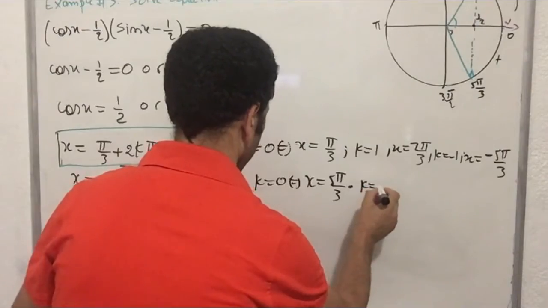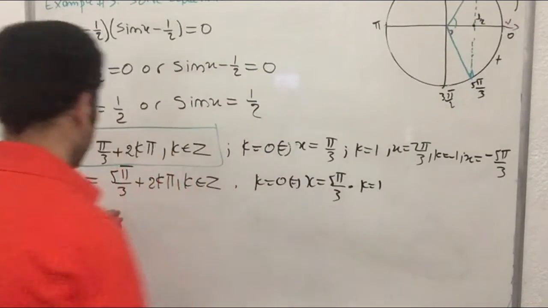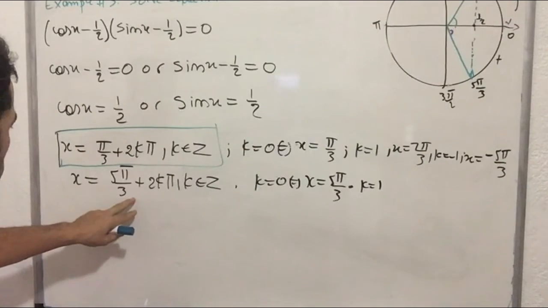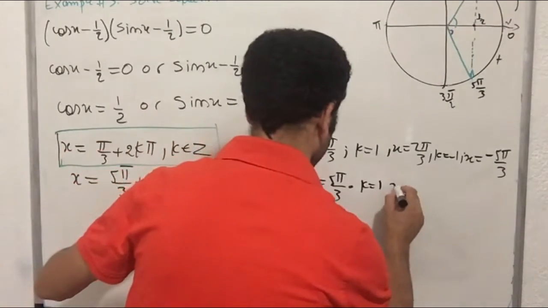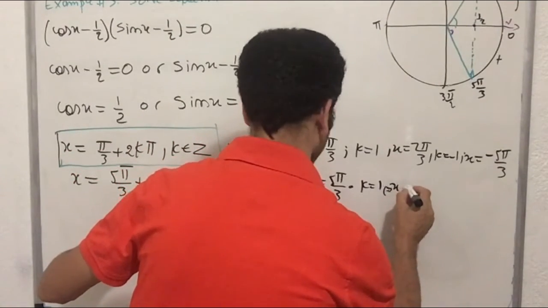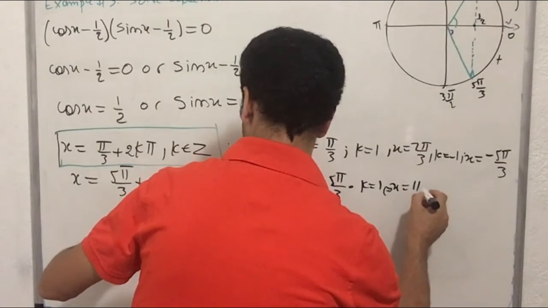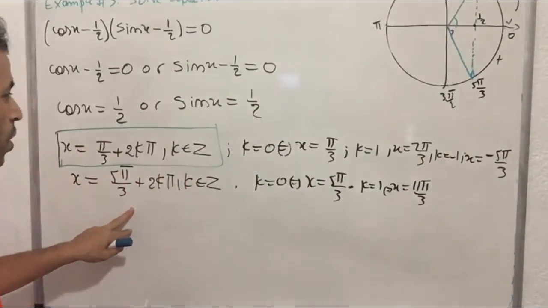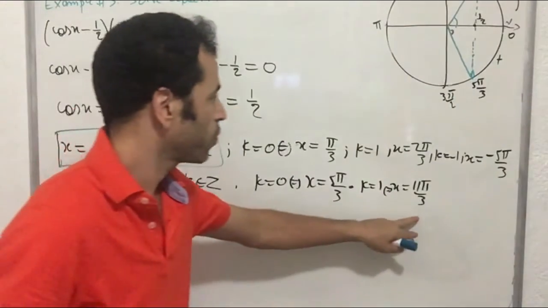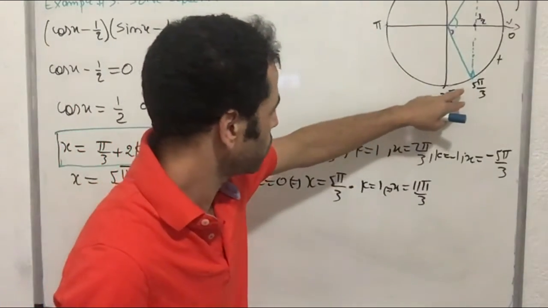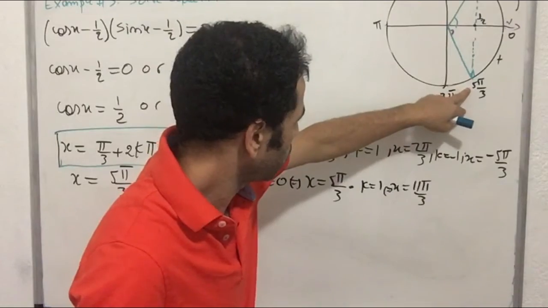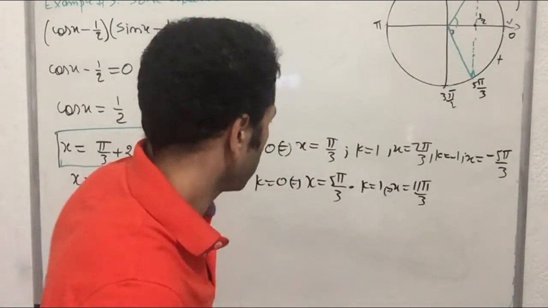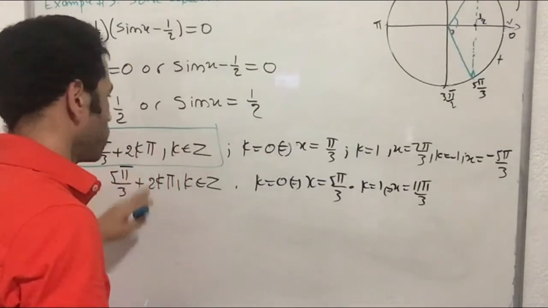With k equal to 1, x equals 11 pi over 3. Cosine 11 pi over 3, you will come back to this point because you add in 2 pi. This means this solution is valid.